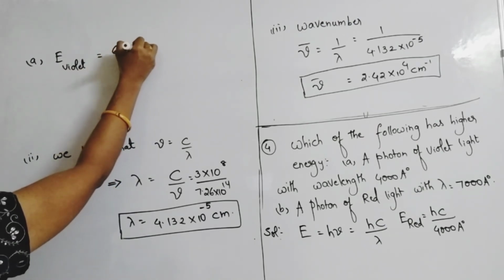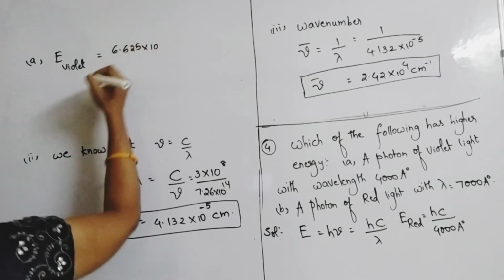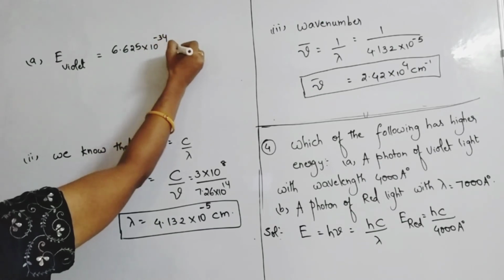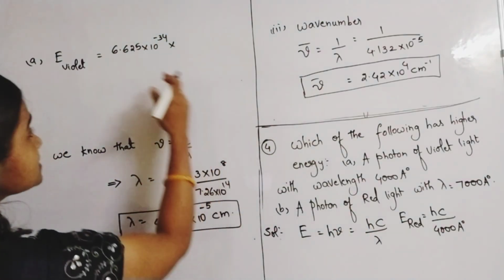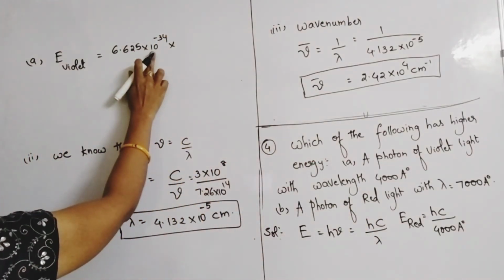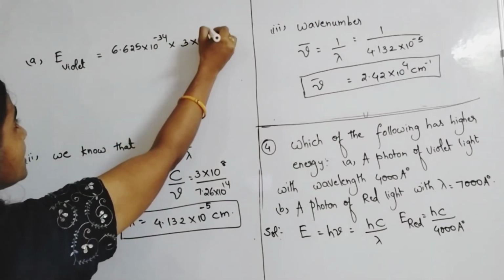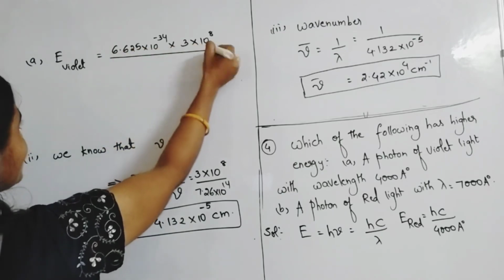H value is 6.625 into 10 to the power of minus 34 joule second. C value I am taking in meters, that's why H value should be taken in joules. C value is 3 into 10 to the power of 8 meters per second.